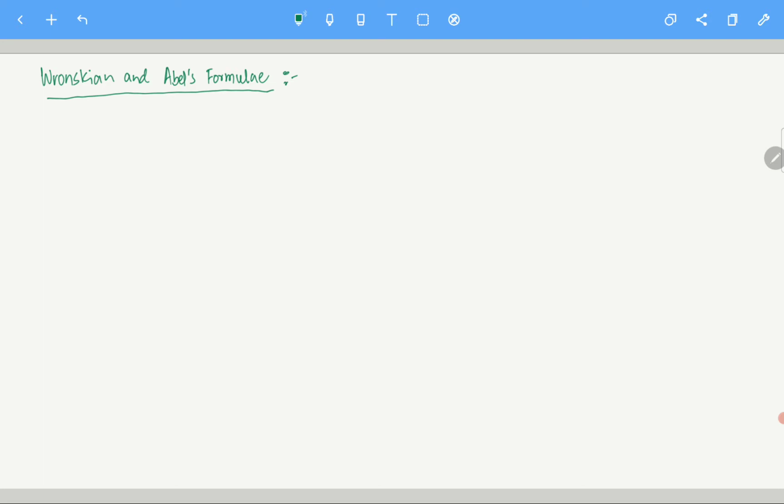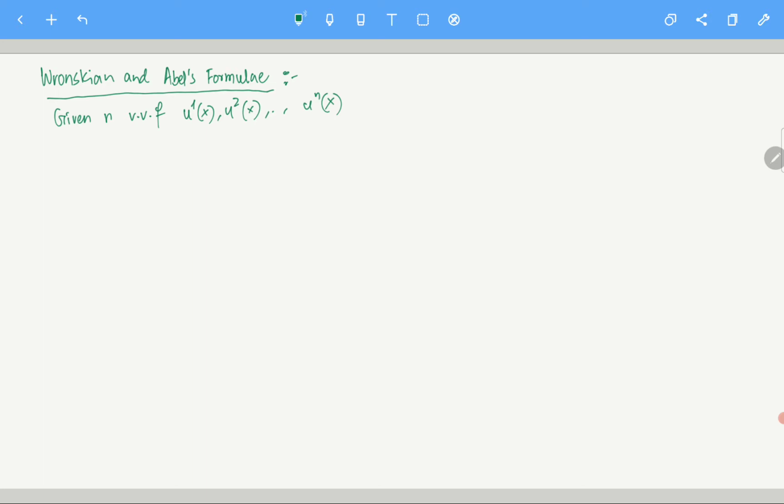Okay, so let us look at this. Let's say that you have given n vector valued functions, given by u1 of x, u2 of x, up to un of x.